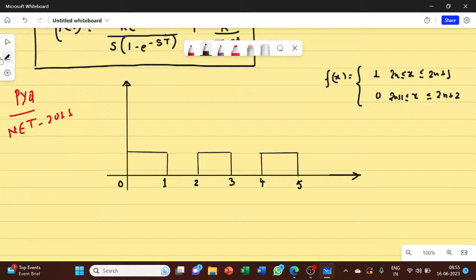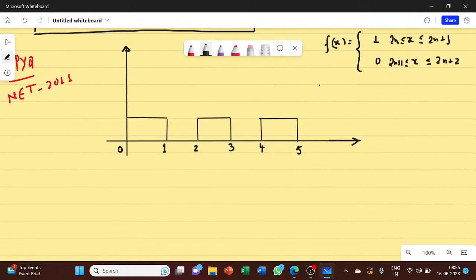This was asked in NET examination of 2012, and one needs to find the Laplace transform of this particular function f of x.